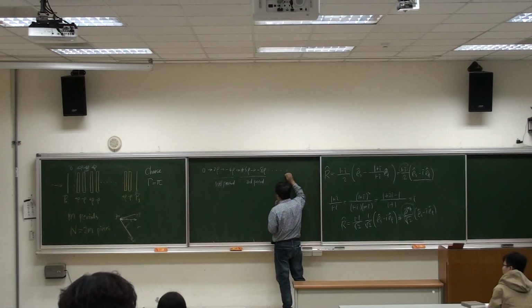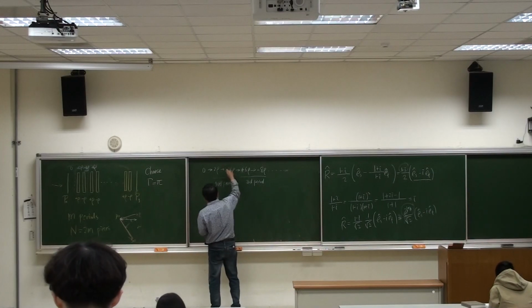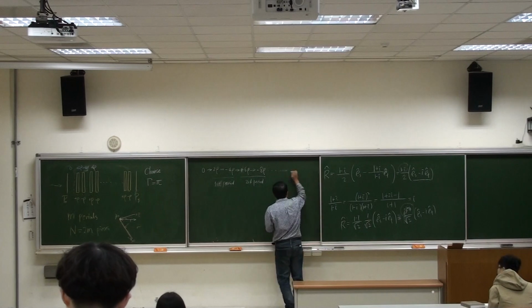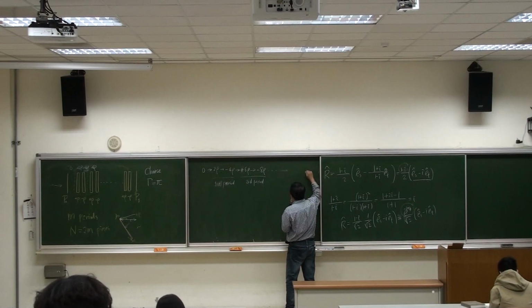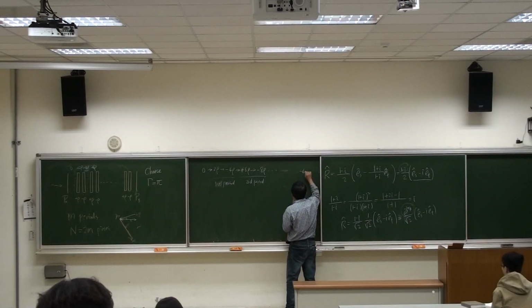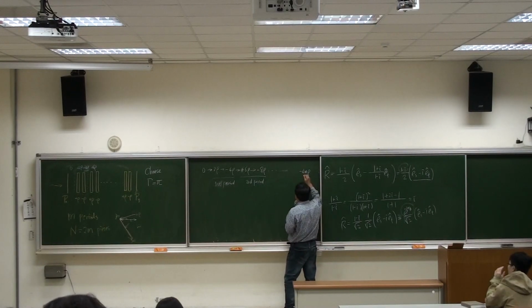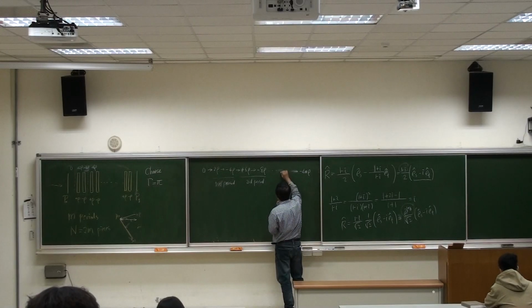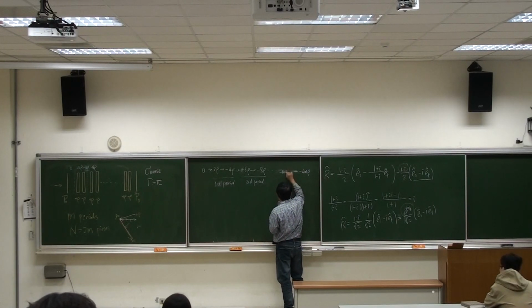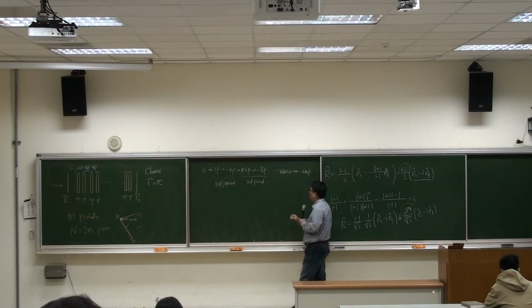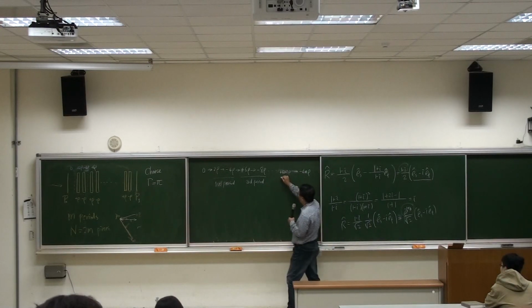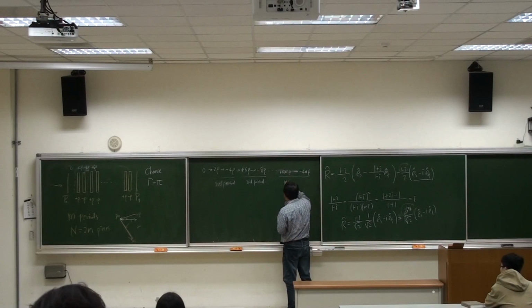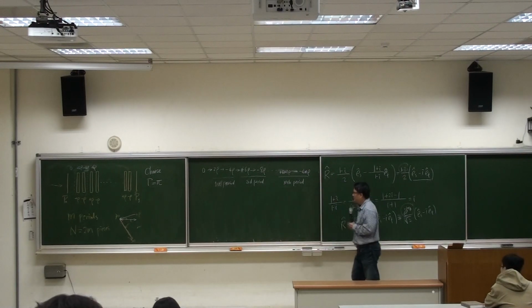So you multiply 4, negative 4. This is the nth period.